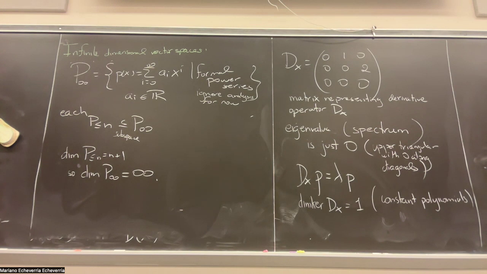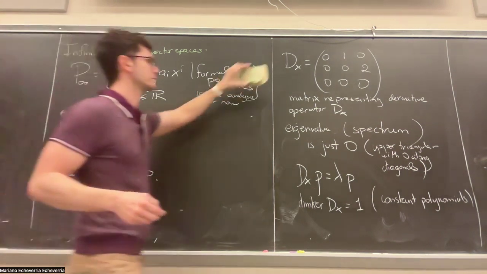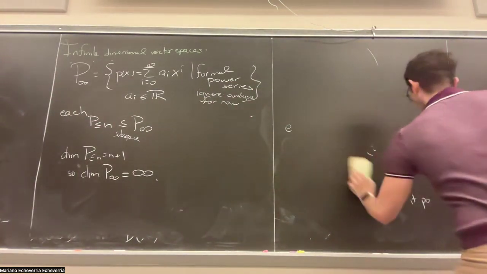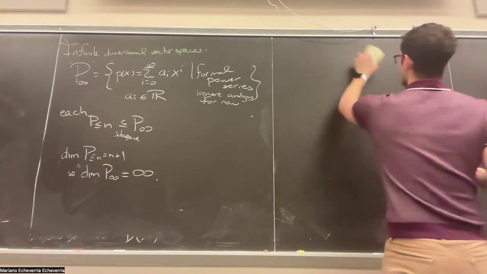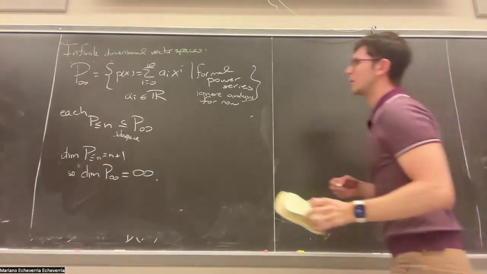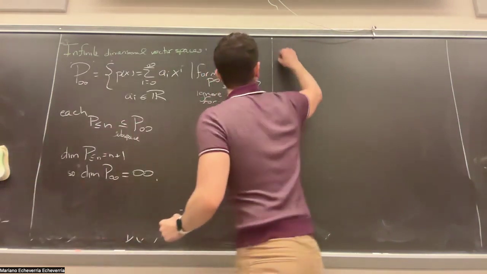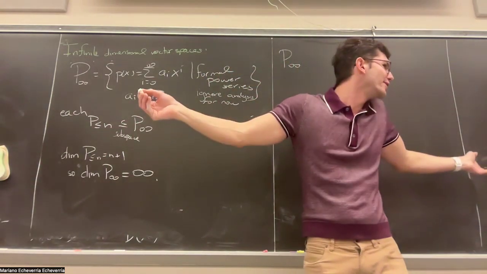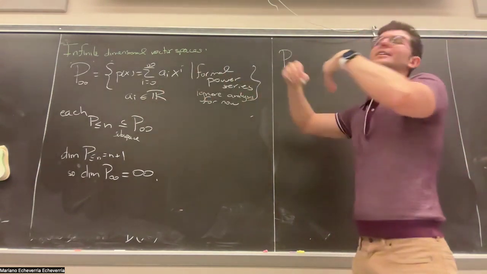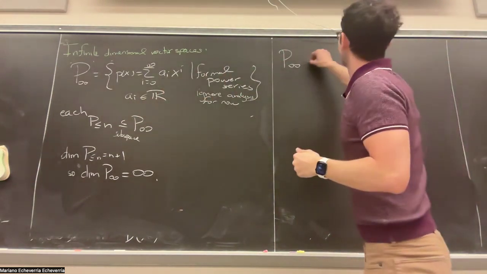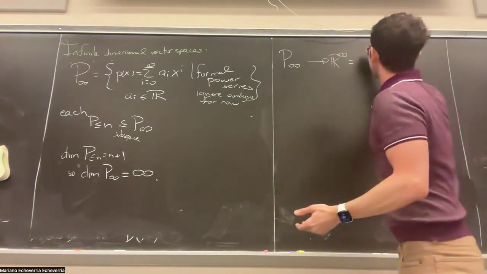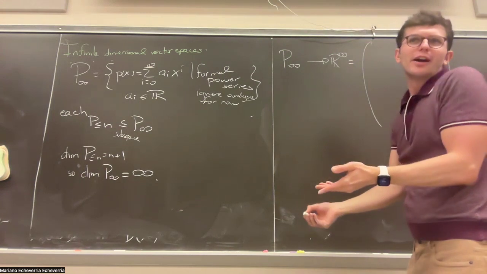In fact, P infinity is isomorphic to what you might want to call R infinity. So instead of saying R2, R3, R4, it's R infinity, which is literally the space of infinite vectors, right?